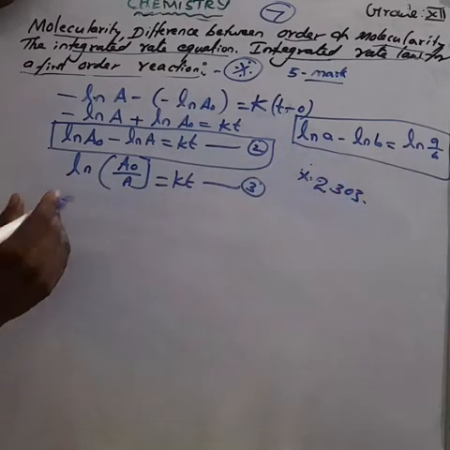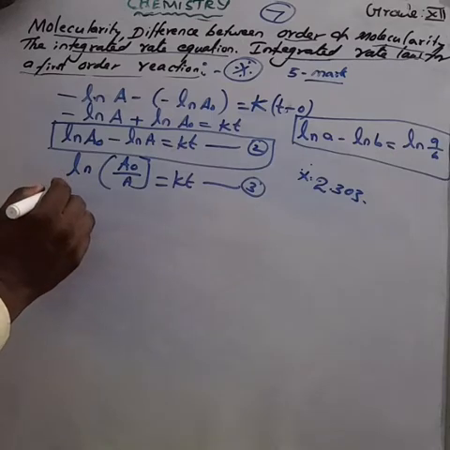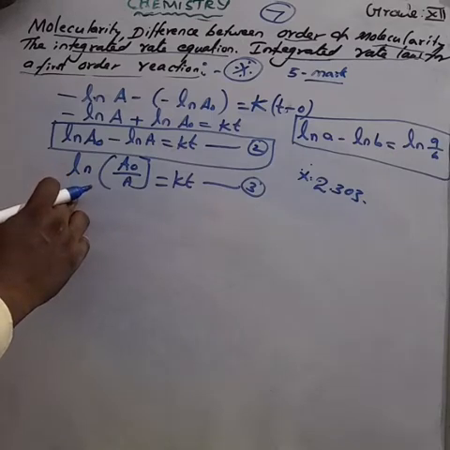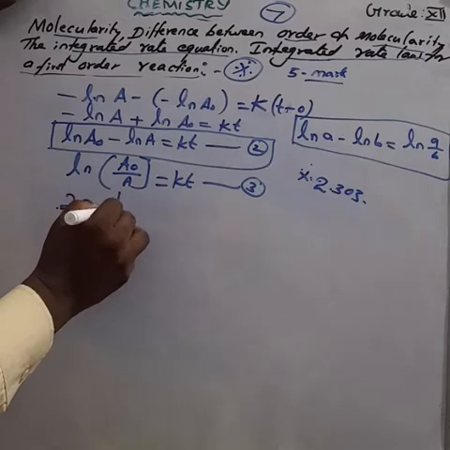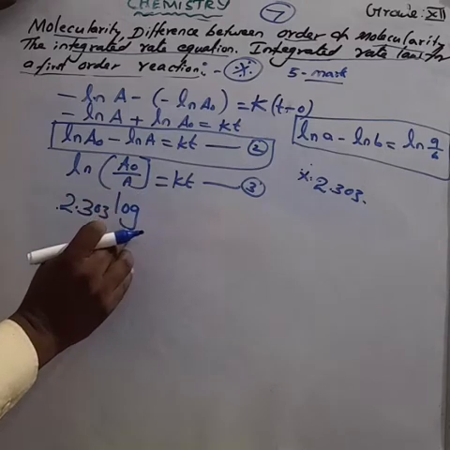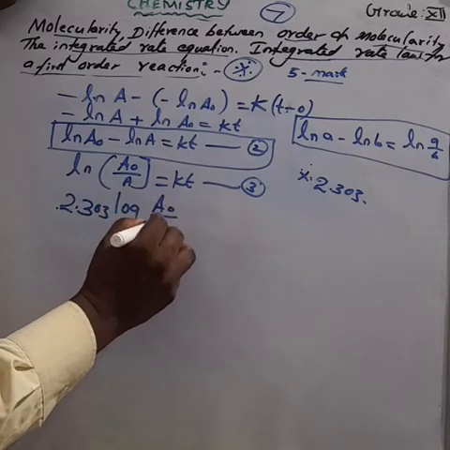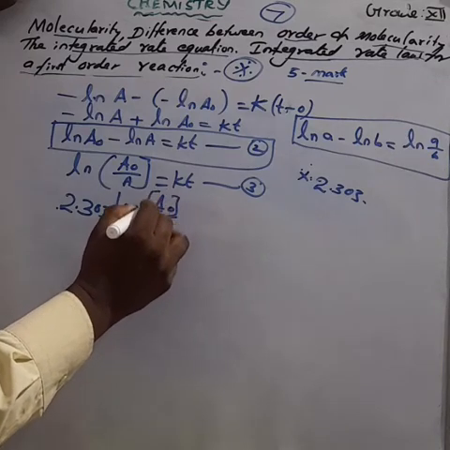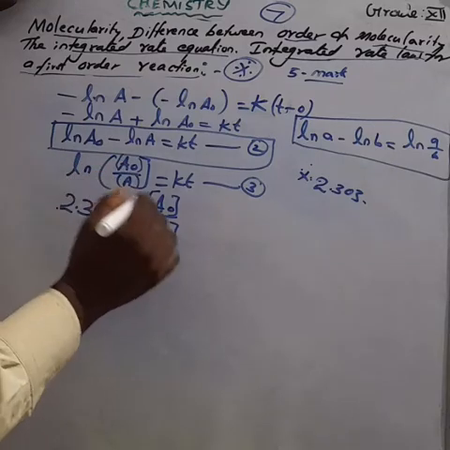So ln is converted into 2.303 into log of the concentration of A naught divided by the concentration of A, that is equal to KT.